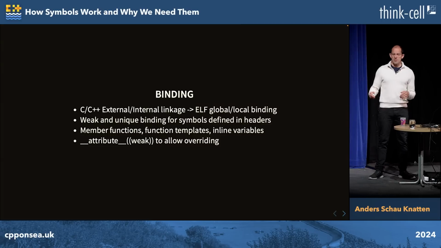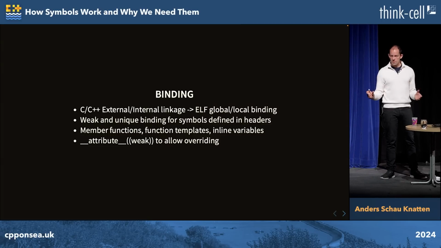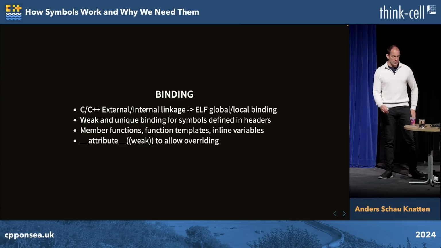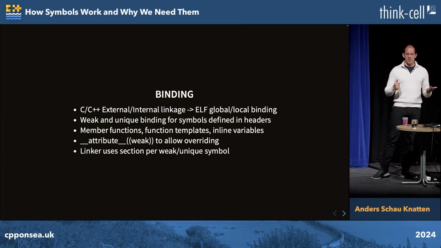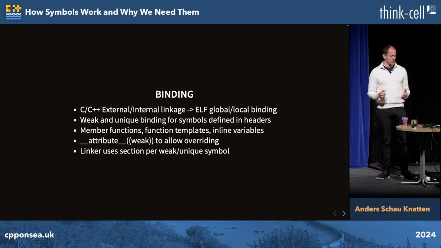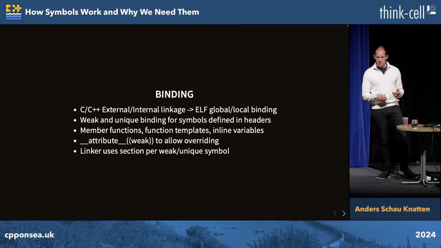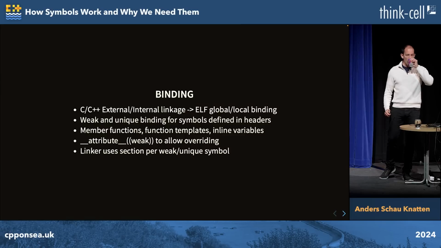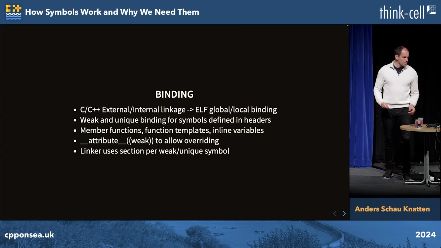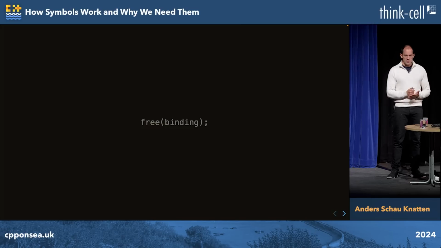We saw that we can manually put attribute weak in front of something to turn it into a weak symbol. And the linker uses one section per weak and unique symbol so that it's able to throw away duplicates when linking. Right, that's it for binding.